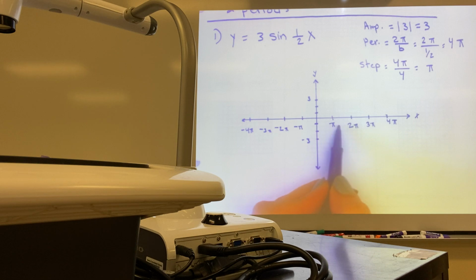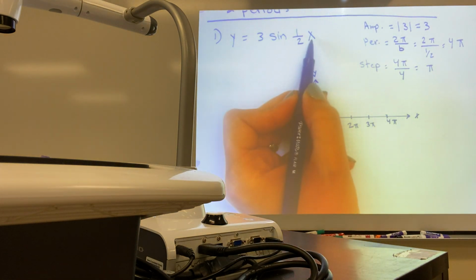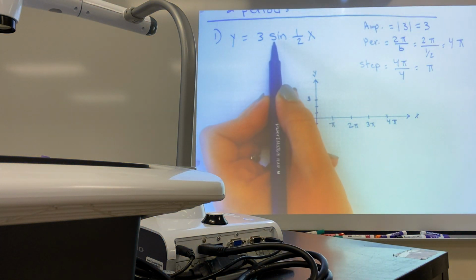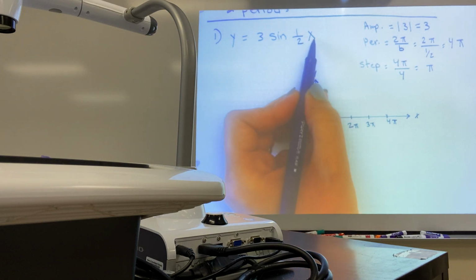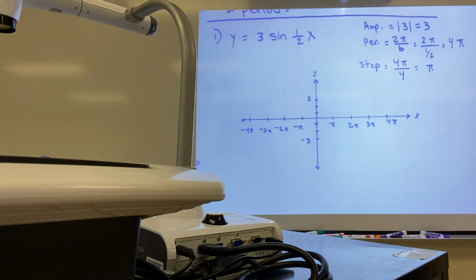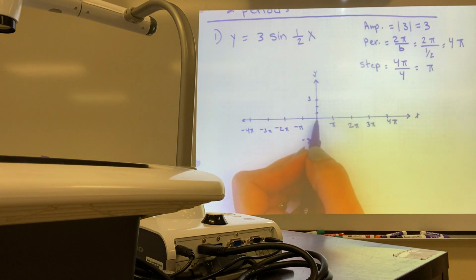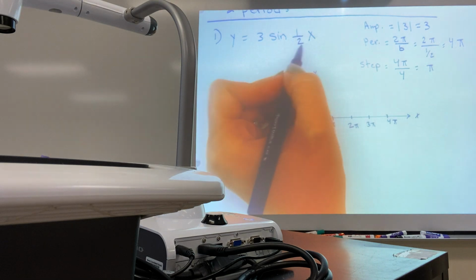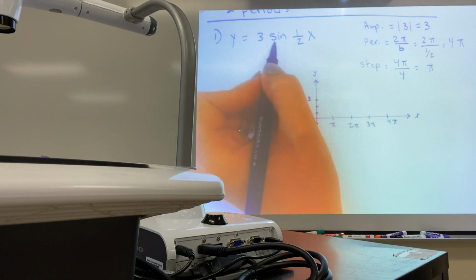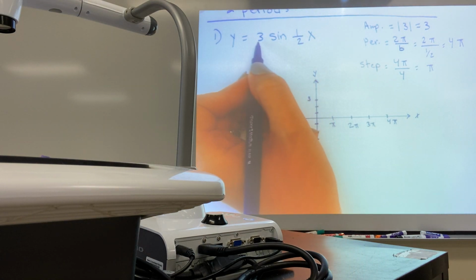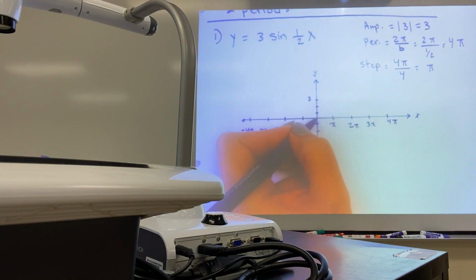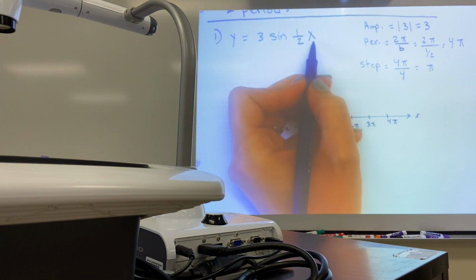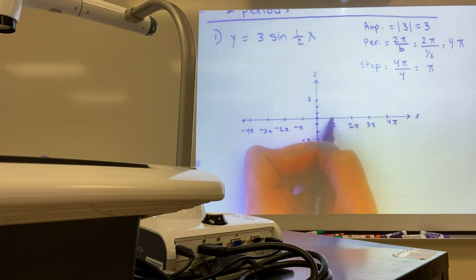Okay. Plugging in these values of x each time here, and then find the sine for the angle, and then multiply it by 3. So for the first one, when the angle is 0, I'm going to plug in a 0 here, times 1/2, that's still a 0, sine 0 is 0, times 3, that's a 0. For pi, you will find that the sine is 3.